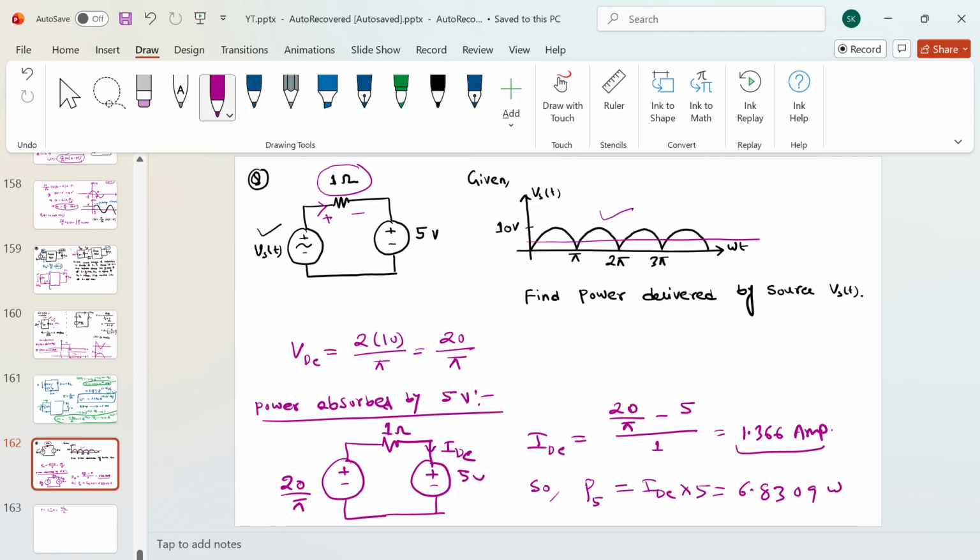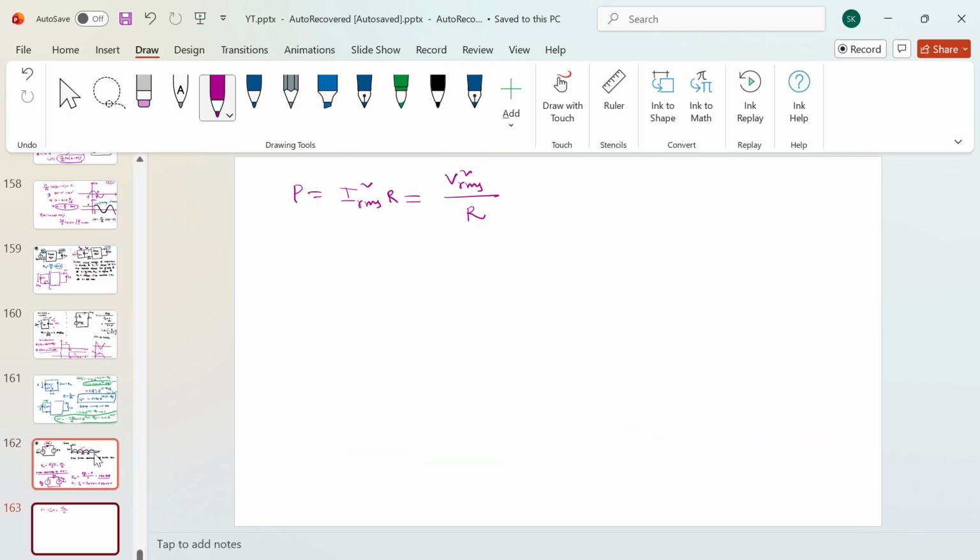So how can we do that? If I calculate the RMS current, what do I have to do?